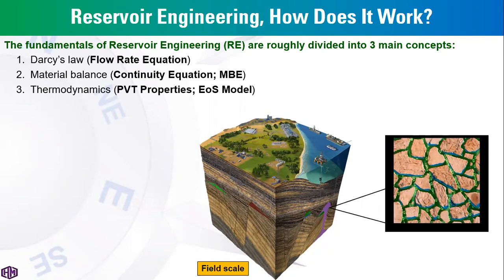The last basic of reservoir engineering is the PVT or equation of state model, because the fluid properties like oil density, oil viscosity, oil formation volume factor, etc., are a function of pressure.